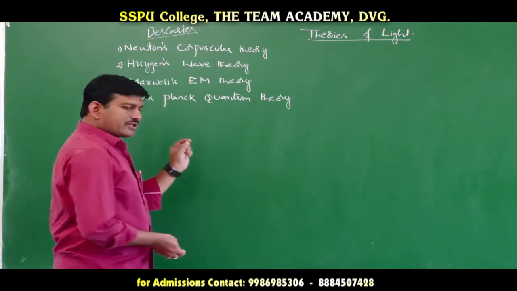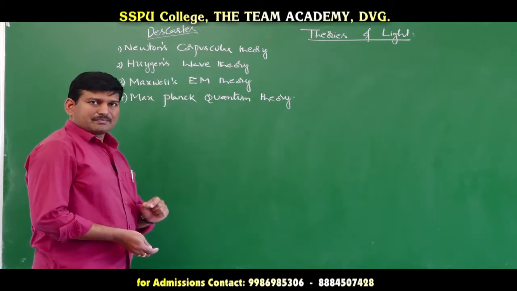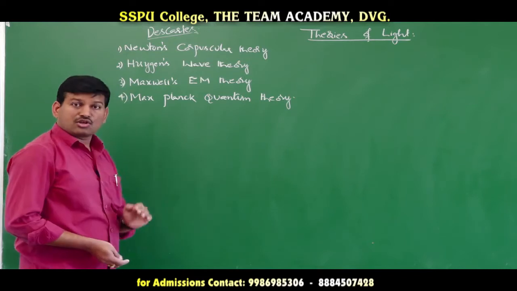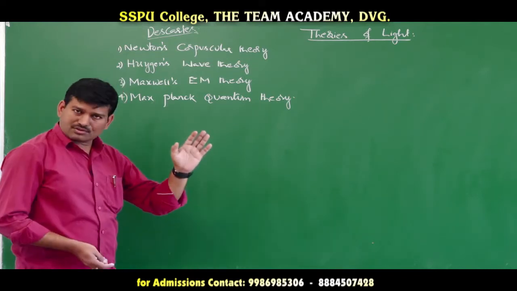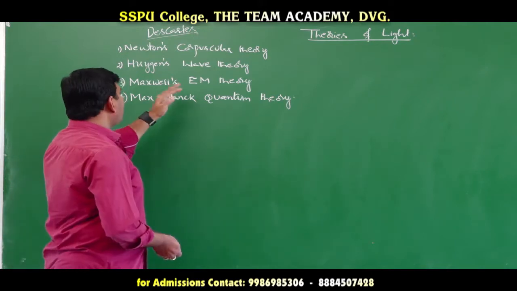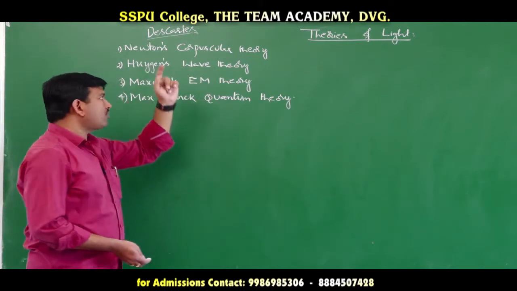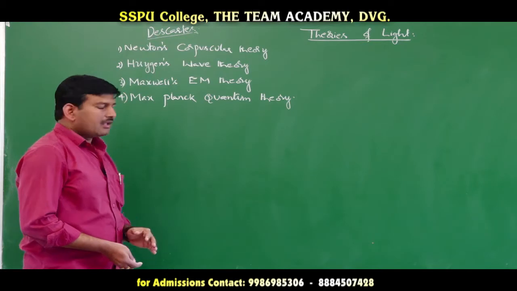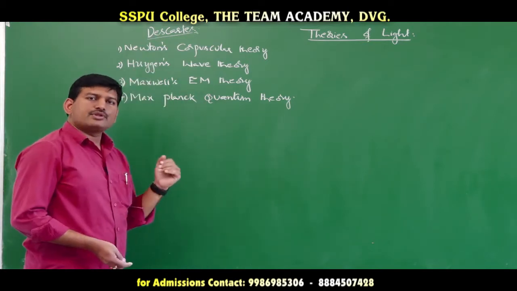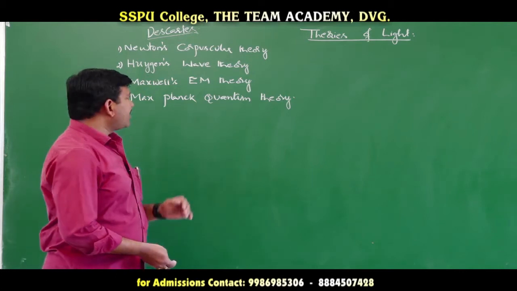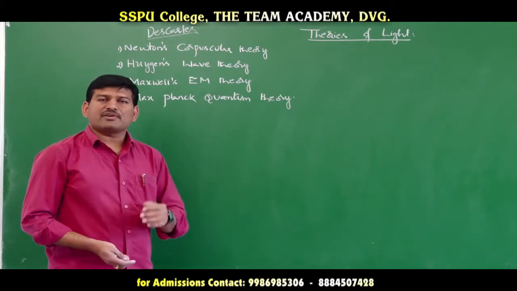So, who introduced the corpuscles? Descartes is the answer, not Newton. Though we read it as Newton's corpuscular theory, the corpuscles concept was put forward by Descartes. Later the theory was developed by Newton, hence the name. It is just like the concept of inertia that we studied in first year.